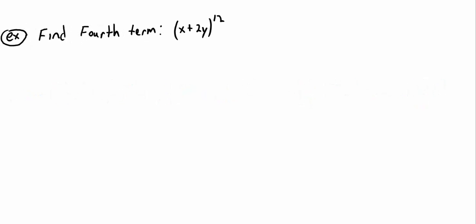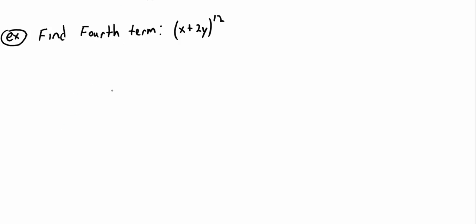In this example, you're asked to find the fourth term in the expansion of (x + 2y)^12. So you're asked to find literally the fourth term. So we're not saying n is equal to 4 here, so you got to be careful about that. Well, okay, what would the binomial coefficient be on the fourth term?